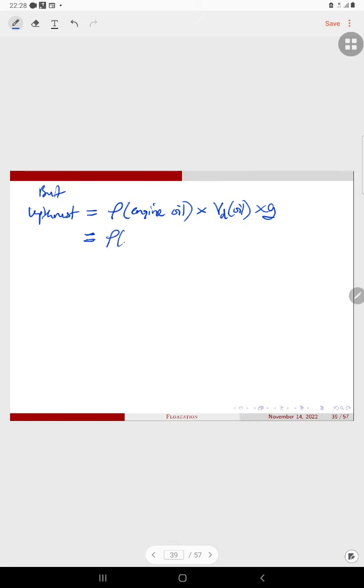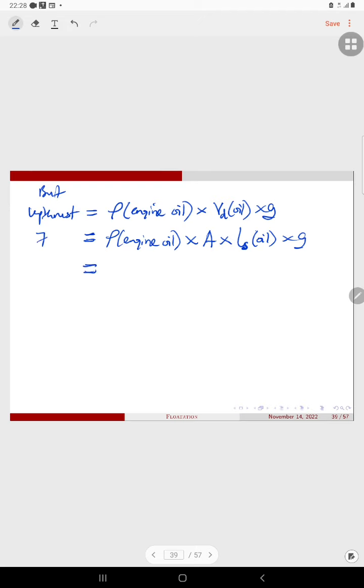Density of engine oil times the cross-sectional area of the hydrometer times LS of the oil, that is the length of the submerged part in the oil, times g.